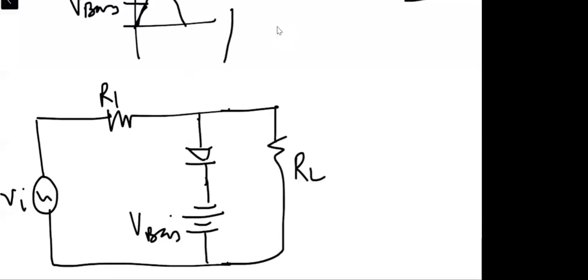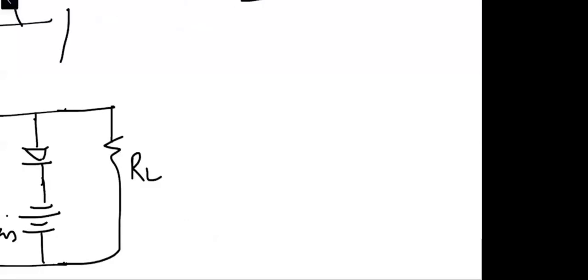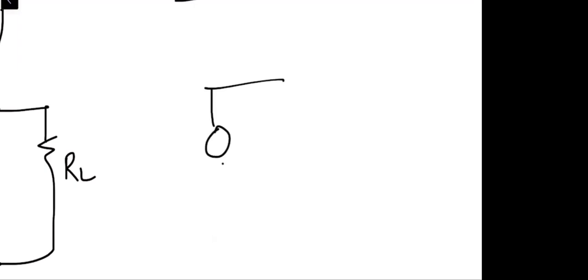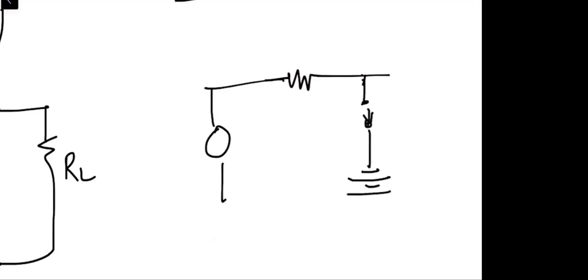As you can see, we have V bias. So due to that, the circuit will be looking like this. The diode or the switch is already closed due to this V bias, right?